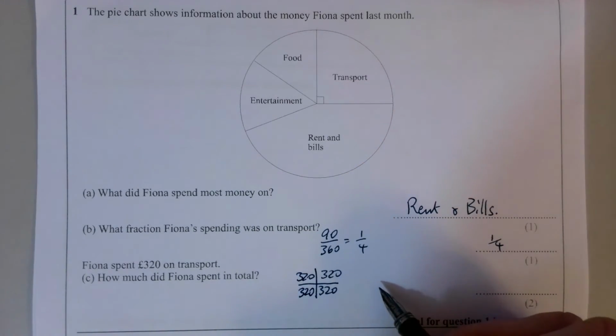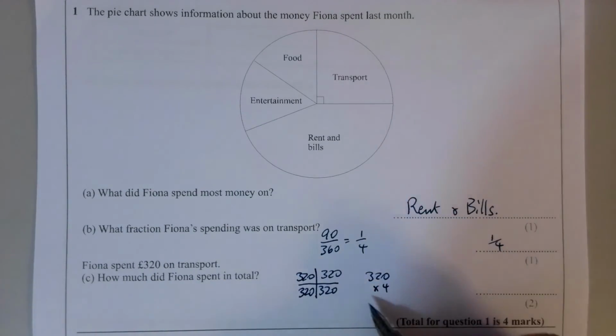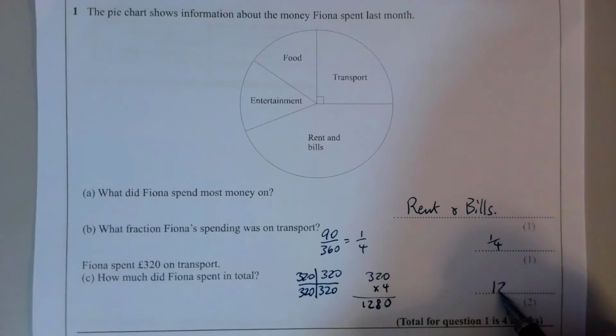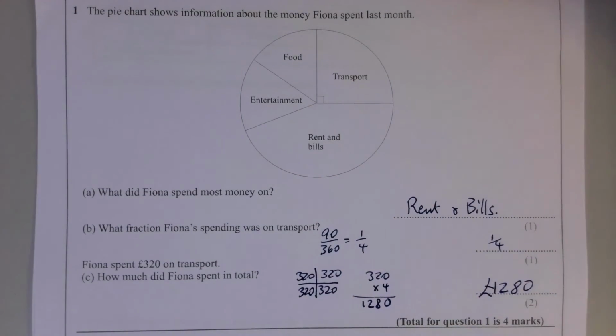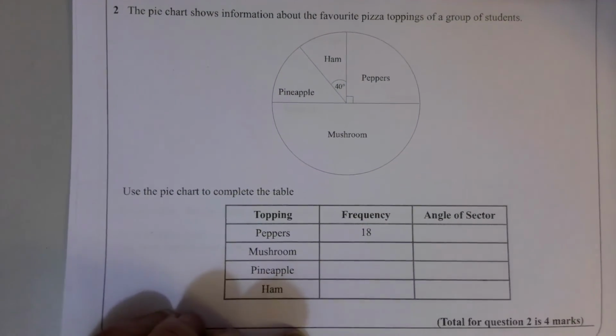So what we need is 320 times 4, or just a column of it done. So anyway, 4 times 0, 4 times 2 is 8, 4 3s are 12. So it's £1,280.